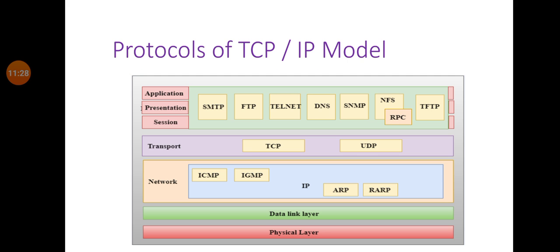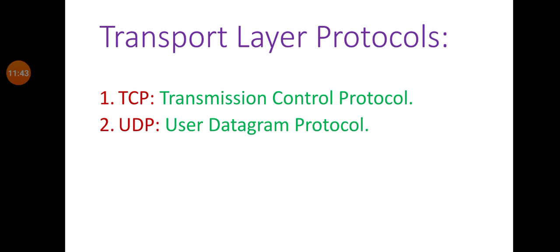The next layer is the transport layer. As you can see in the diagram, the transport layer uses two protocols, TCP and UDP. Now let's see what TCP means. TCP means Transmission Control Protocol.